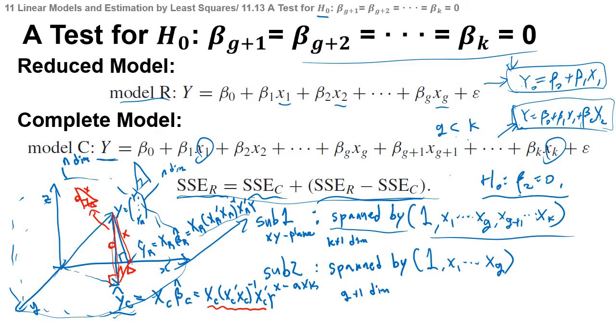The length of this part can be represented as SSEC. So this part is SSEC, this part is SSER, the reduced, and this rectangular part is SSER minus SSEC.